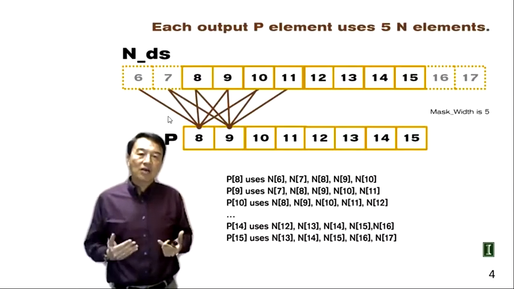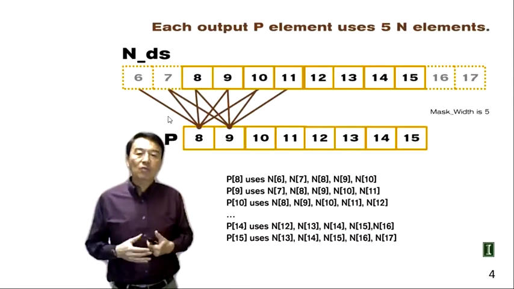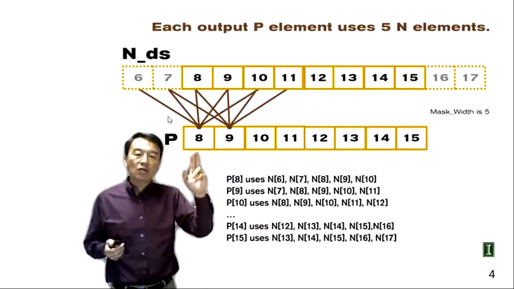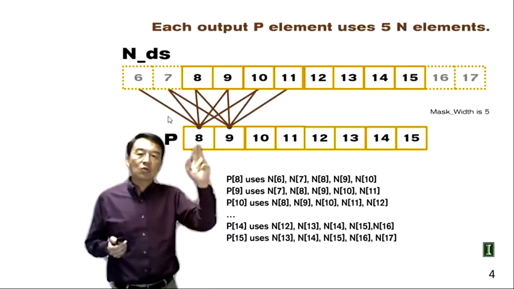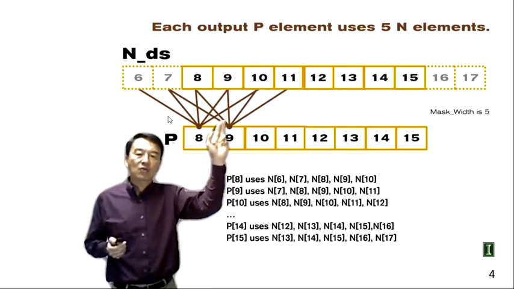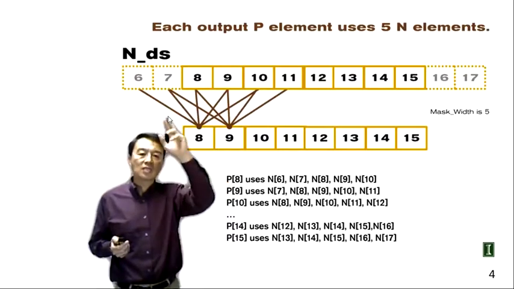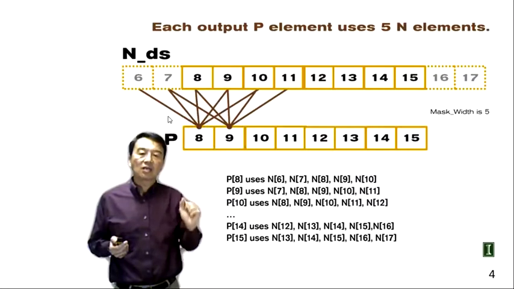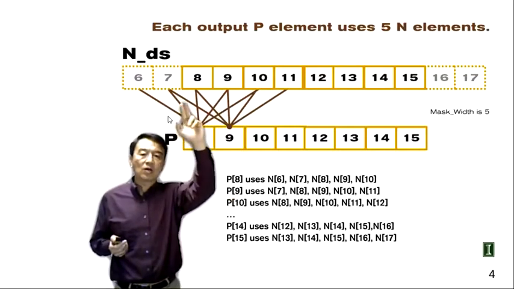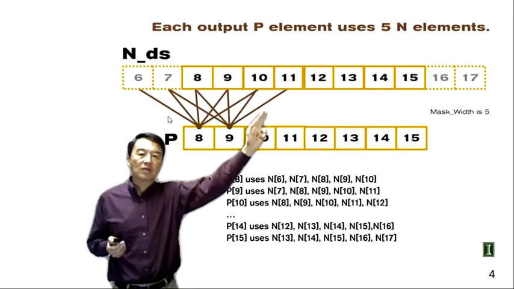Without the tiled algorithm, without using shared memory, the calculation of every output element is going to require 5 input elements. Element 8 is going to require elements 6 through 10 in the input array. And the calculation of output element 9 is going to require element 7 through element 11.